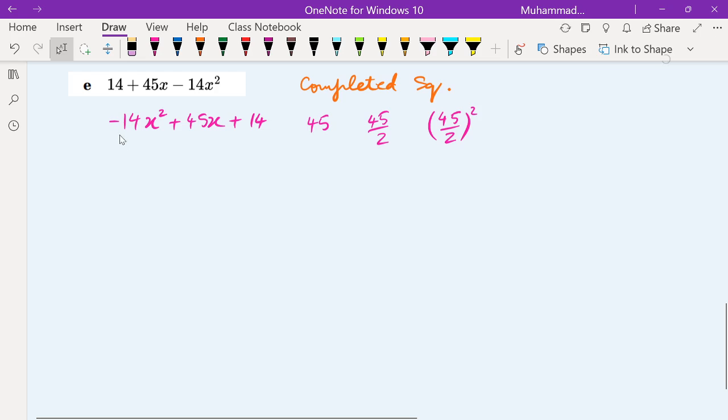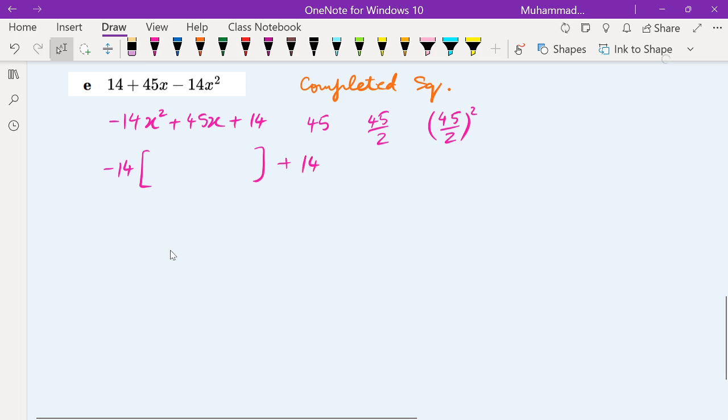The quadratic coefficient being minus 14 here will cause a problem for the completing square method. So you need to take this common. You cannot go for the completed square without taking it common, so minus 14 is taken common ahead of completing the square.